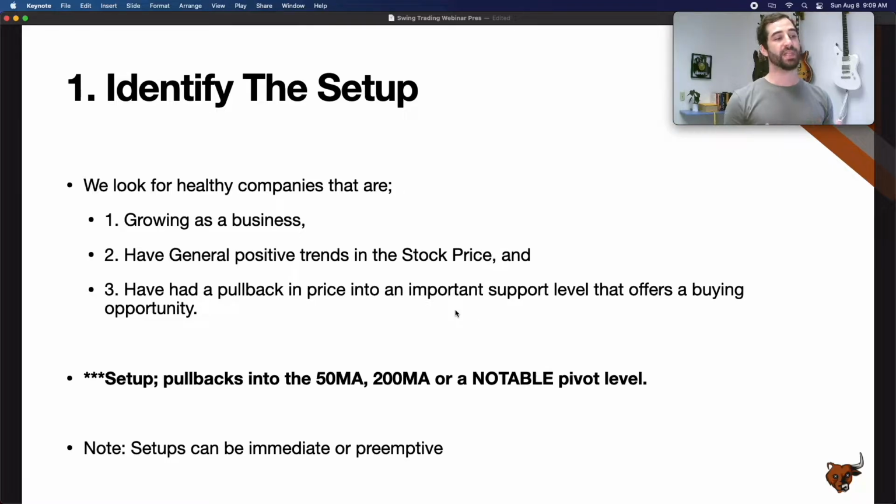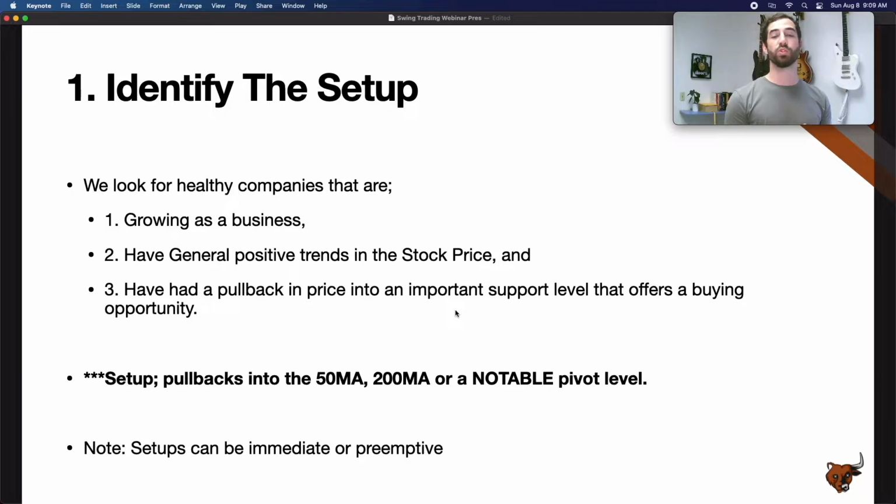And then, side note guys, the setups can be immediate or they can be preemptive. Meaning you look at the chart, everything checks out, and then it's warranted that you start to take action in that moment. Or you look at a chart and you say, hypothetically speaking, if the price were to pull back into here or here, I would start to get interested in taking a trade.